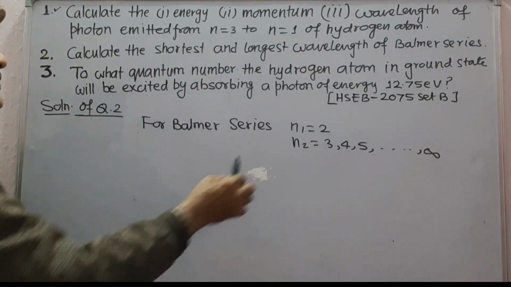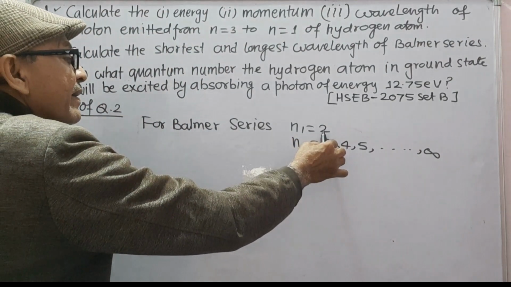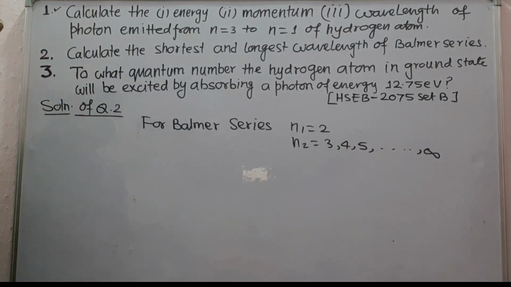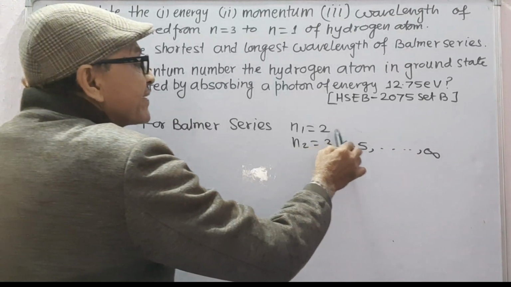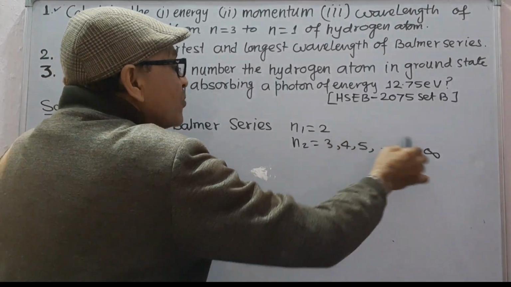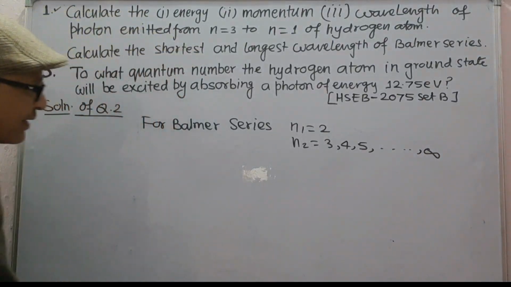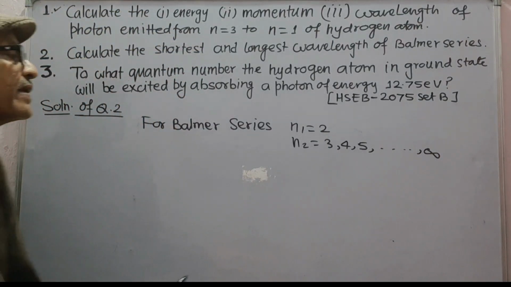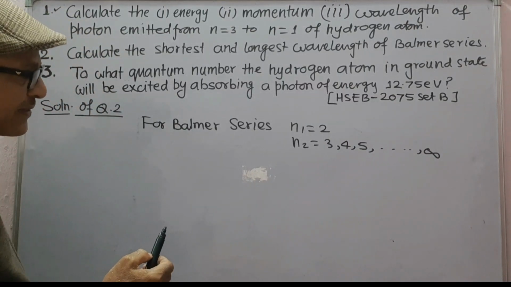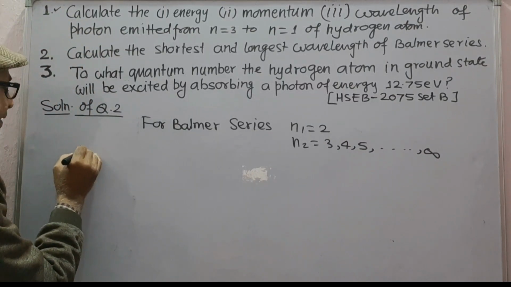Therefore, when the transition is from second to third orbit, it will give longest wavelength, and when the transition is from n is equal to 2 to n is equal to infinity, it will give shortest wavelength.